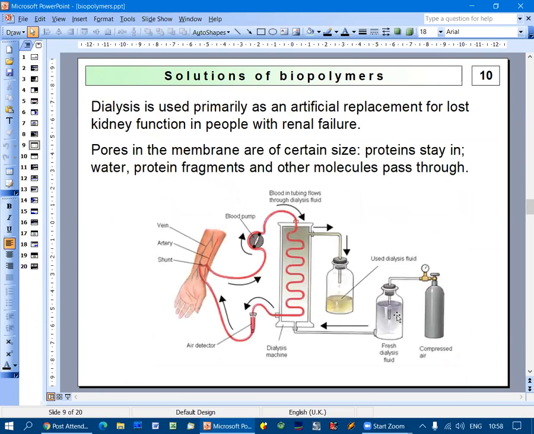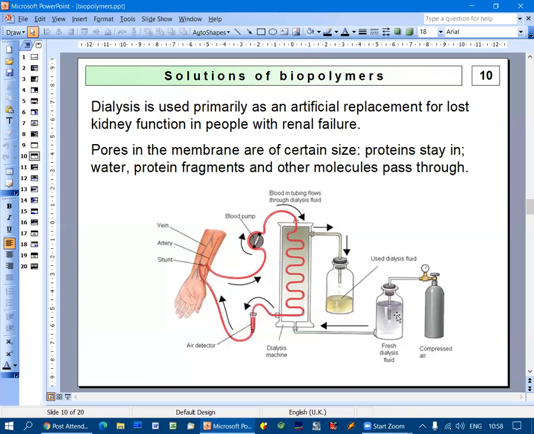In medicine, dialysis is widely used for people whose kidney can no longer perform these functions.